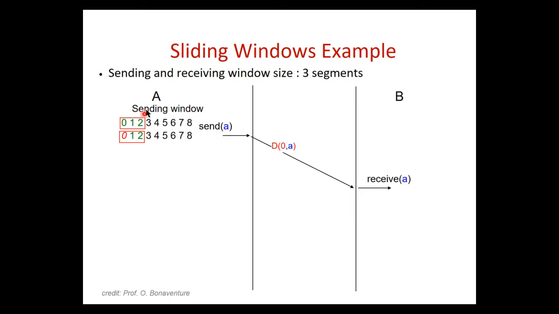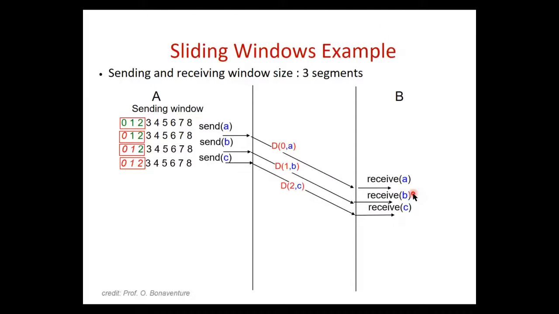Okay, so let's assume that the sender sends the first packet. It uses sequence number 0. B receives the packet. Remember, we no longer stop and wait, so the sender can send right away another packet without waiting for the ACK for this one. So here it sends the packet with sequence number 1. The content is B. They are both received at the receiver. And the sender sends the third packet with sequence number 2.